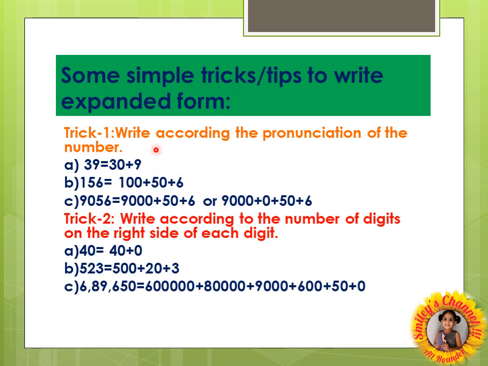Here first you read the first tip, children. Write according to the pronunciation of the number. According to how you say that number, how you pronounce that number, according to that pronunciation you are going to write the expanded form of that particular number. So let us see a few examples here.